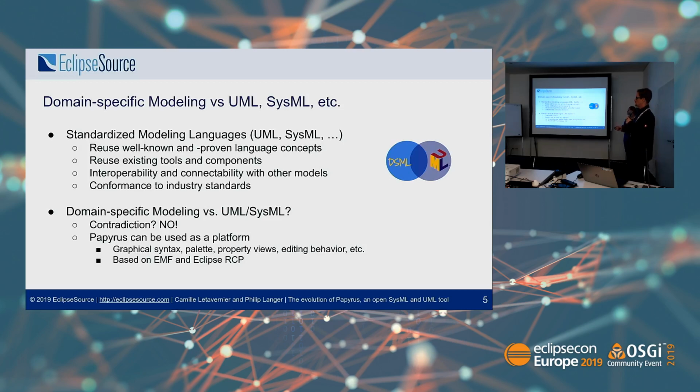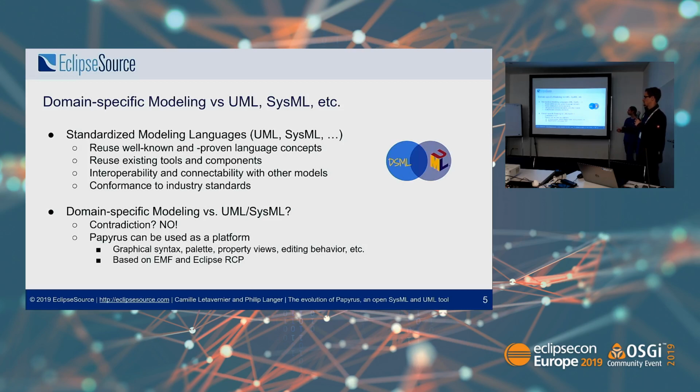And if you have a UML platform that allows you to be customized for your domain and that supports domain-specific diagrams, for instance, then you can still use UML and provide a domain-specific user experience. And that's actually how we use Papyrus in most of the projects.